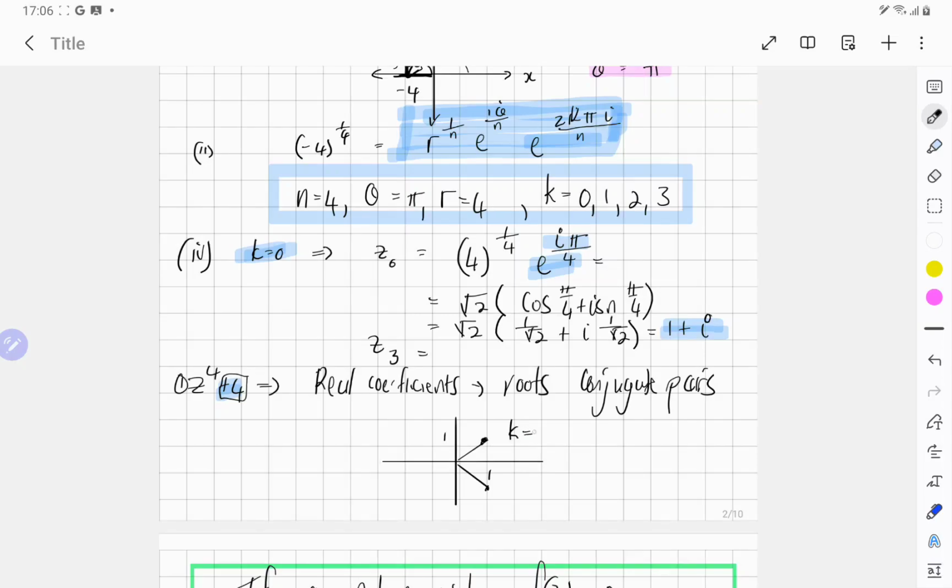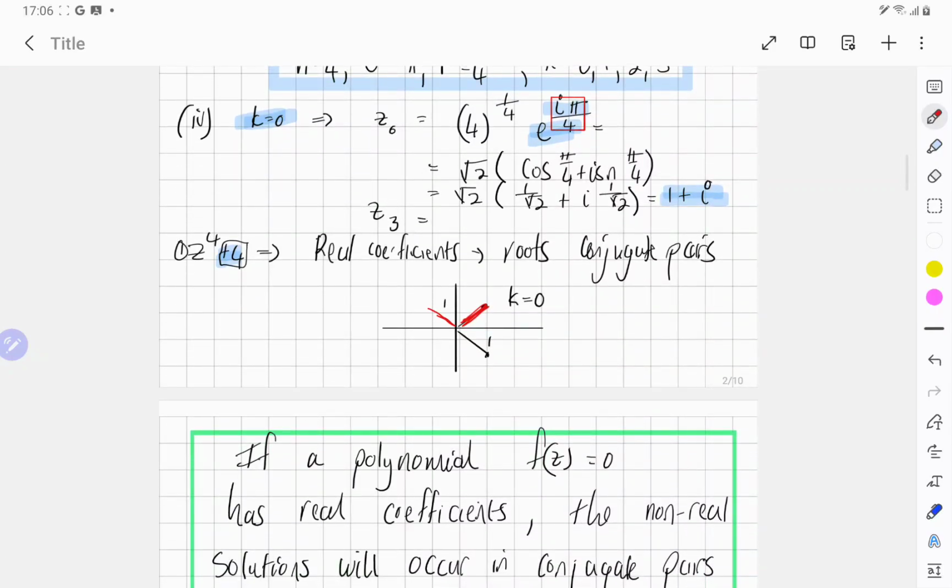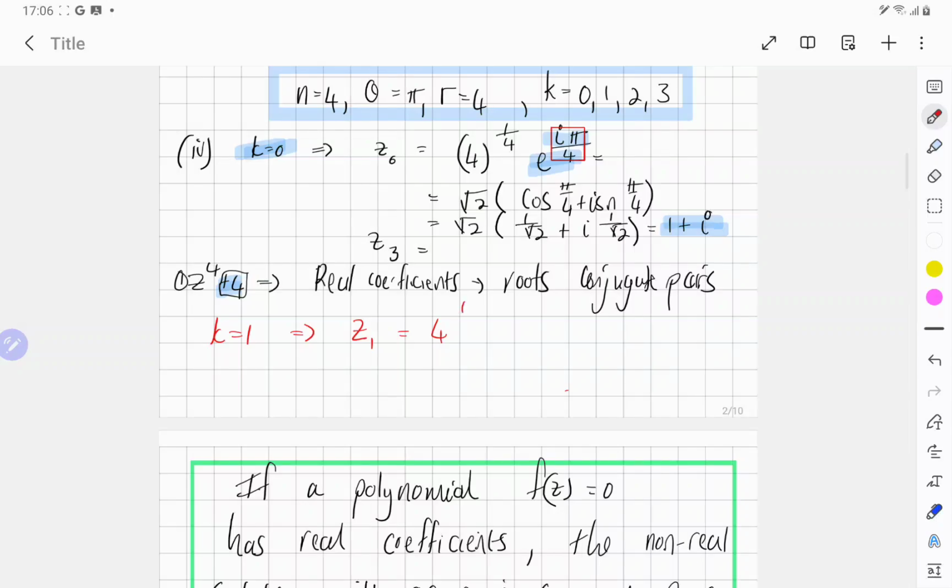Because this is k equals 0, since our angle is an acute angle, so we know we are working in the first quadrant. K1 and K2 will be conjugate pairs, and that's why I made this K3, so I don't have to work out k equals 3. I will now go straight to when k is 1. So I'm doing z1.